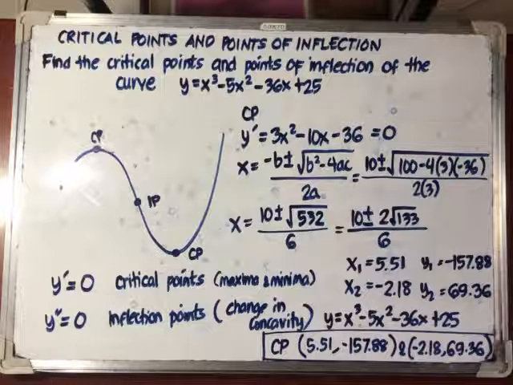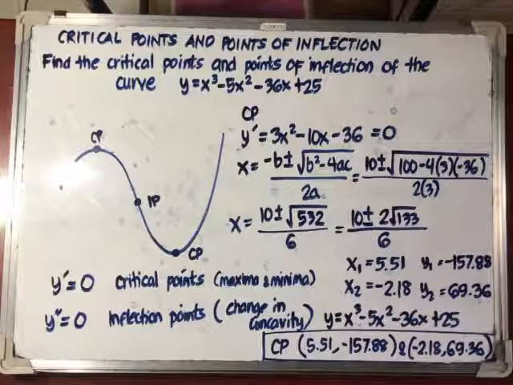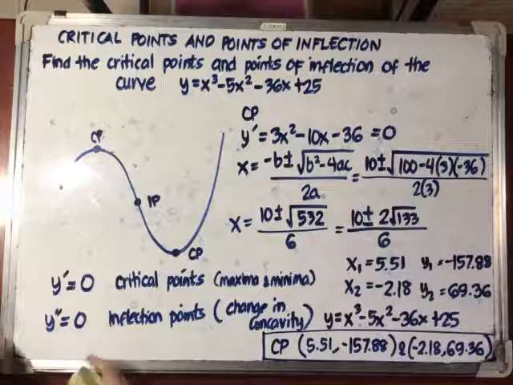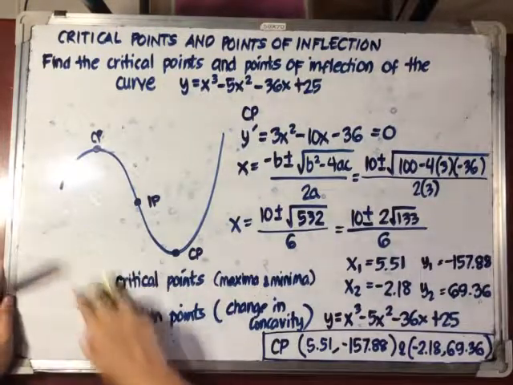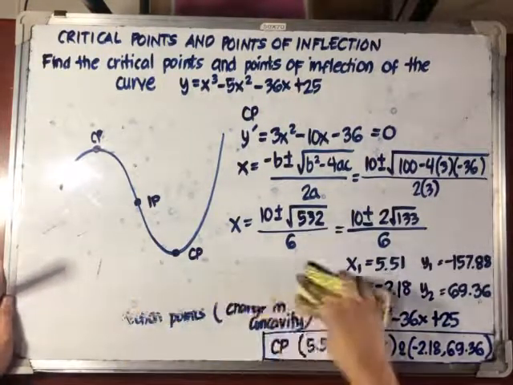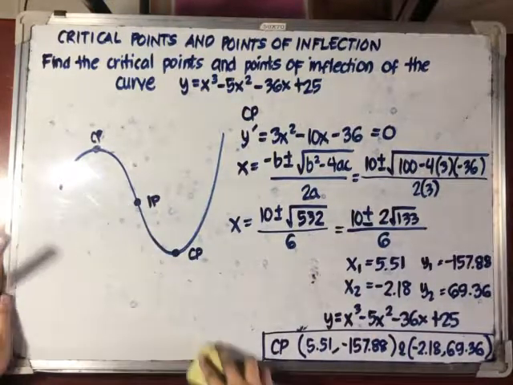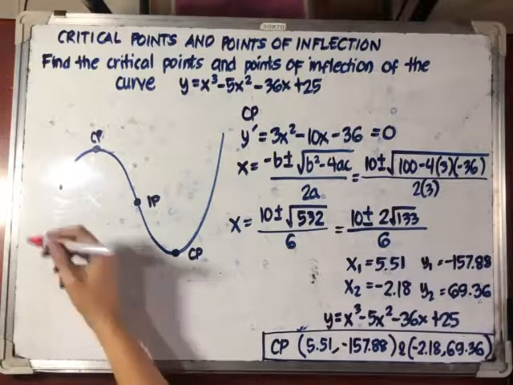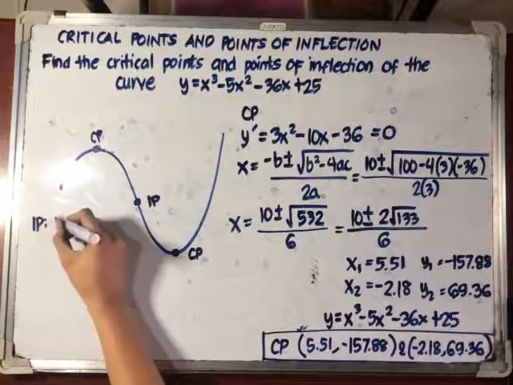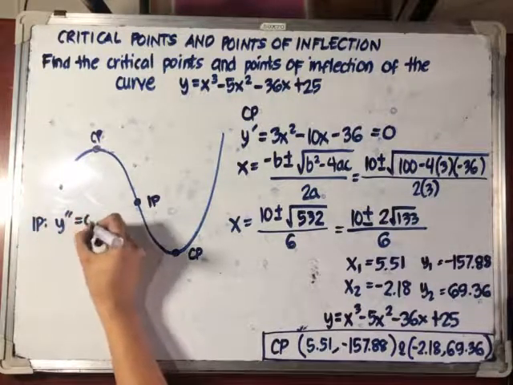Then, let's try to compute naman ang point of inflection natin. Alright. So, erase tayo ng konting portion dito, siguro dito sa baba. Inflection point natin is y double prime equal to 0.